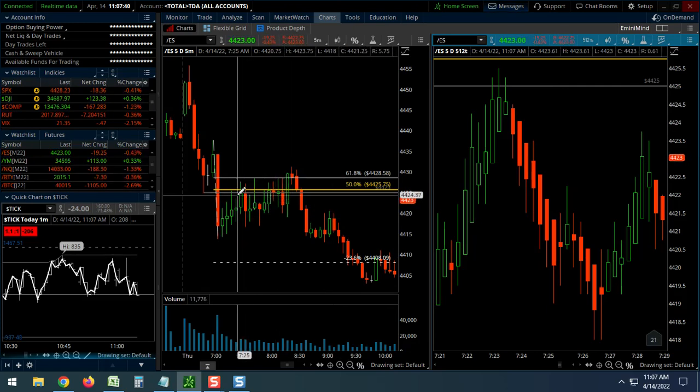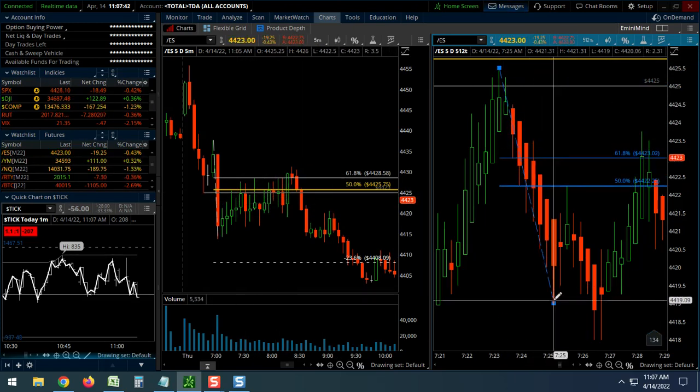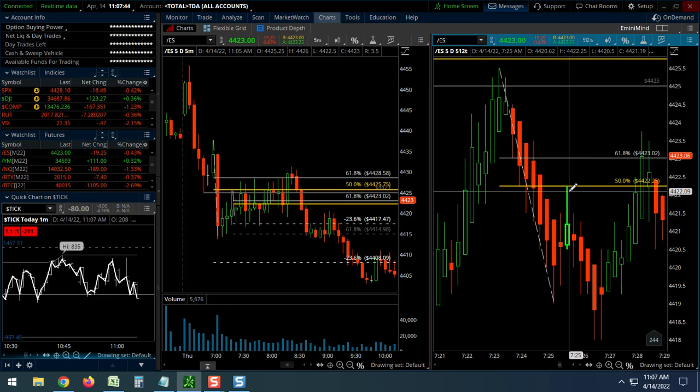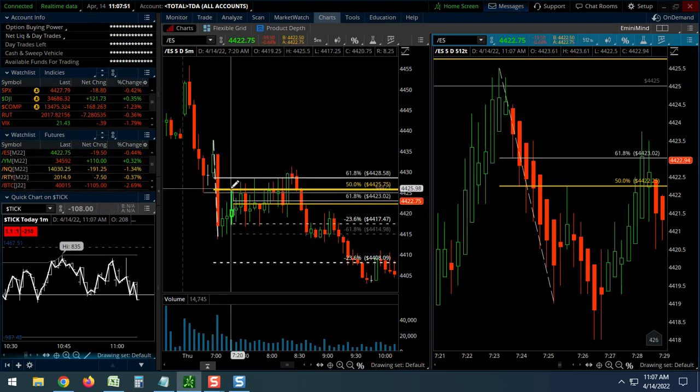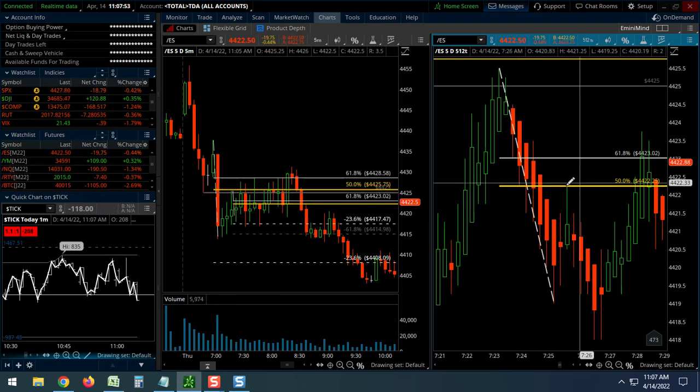So the 5-minute was a short, so then I draw it on the 512. That's a short, and that gives me the first entry into the potential new trend. I've seen resistance on the 5-minute, and then I'm taking it on the 512.